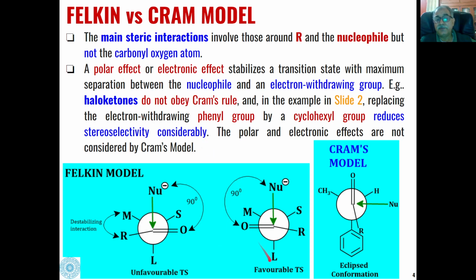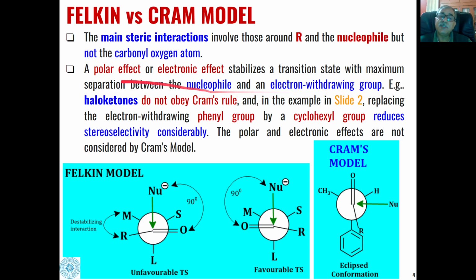Then if one of the groups present on the alpha carbon of the ketone is an electron withdrawing group, we know any electron withdrawing group will be electronegative in nature, and that will affect its interaction with the nucleophile, which is also electronegative in nature.